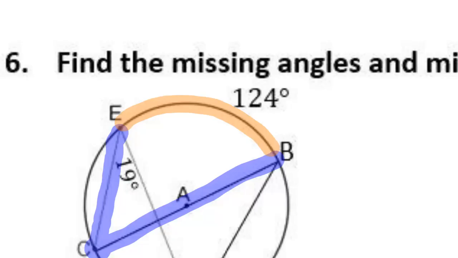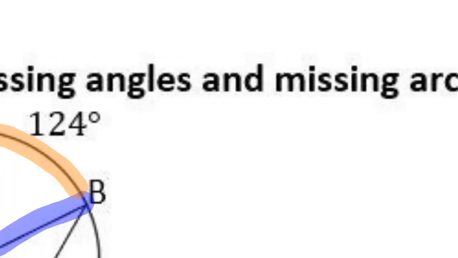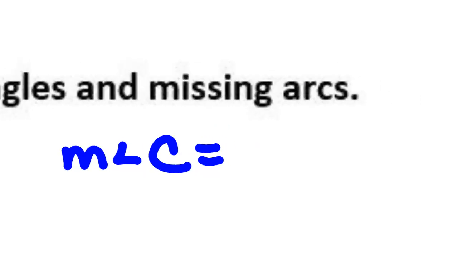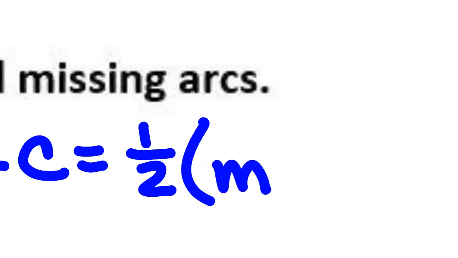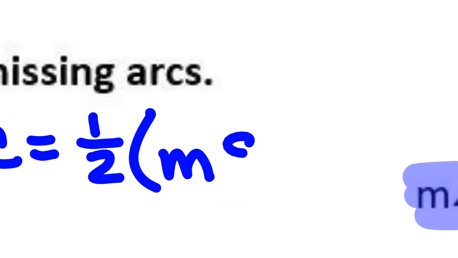There is a relationship that we'll see that does make a right angle, but it's not always on an inscribed angle. There are specific ones, though, and we'll look at that today. It's 1/2 of the arc, yes. So the measurement of angle C is equal to half the measurement of arc EB.